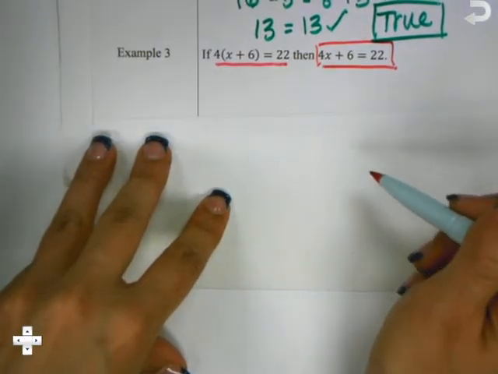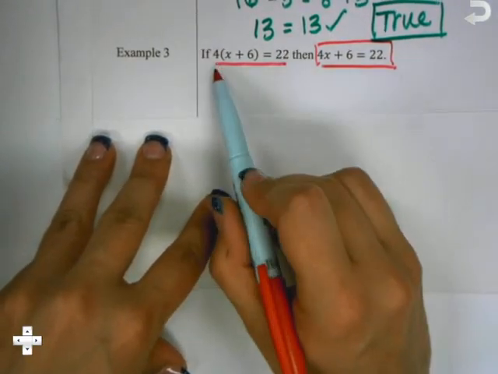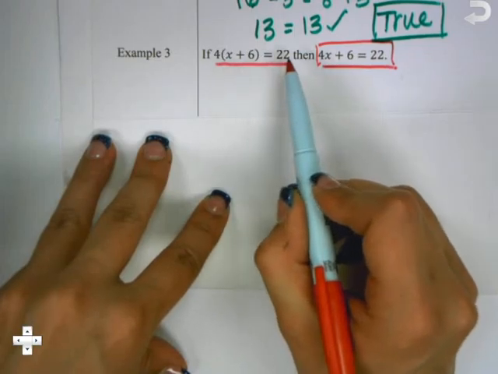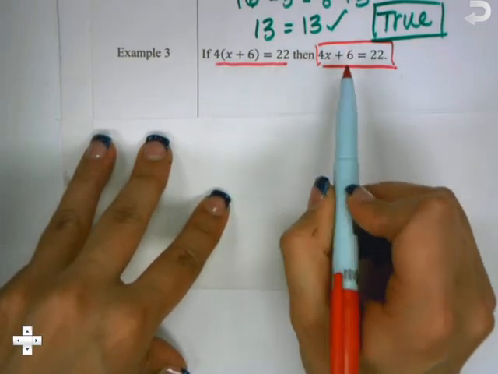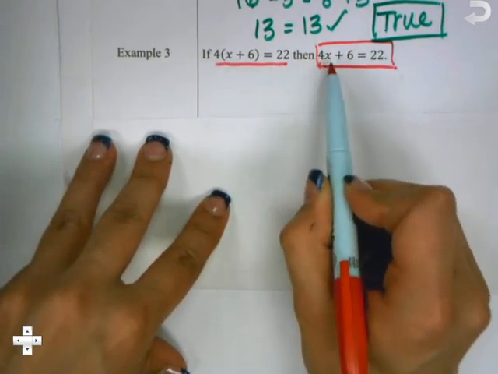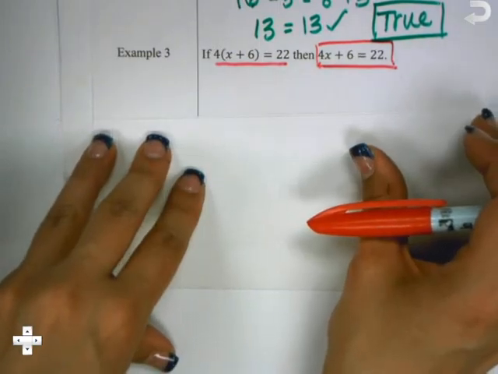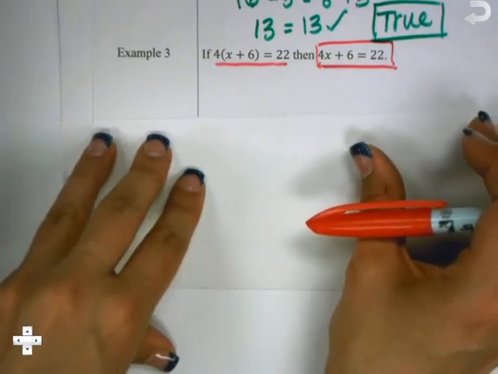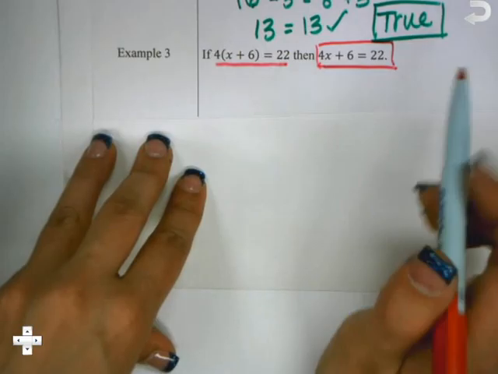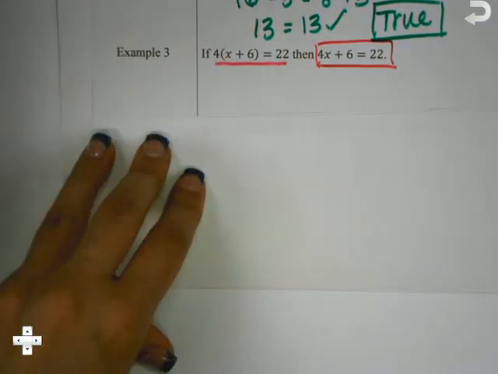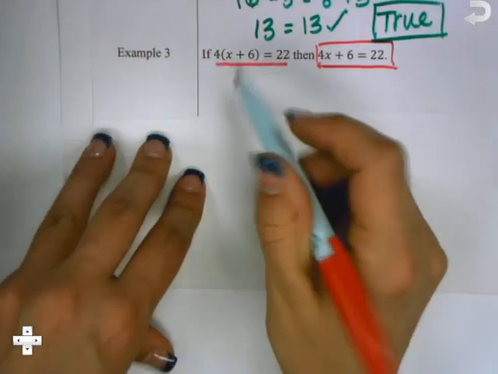So my hypothesis is that 4 times the quantity x plus 6 equals 22, and my conclusion is that 4x plus 6 equals 22. I want you to determine if it's true or false. How do we do that? We're going to start solving. That's why I had you solve all the way through in example 2. How do I solve this?